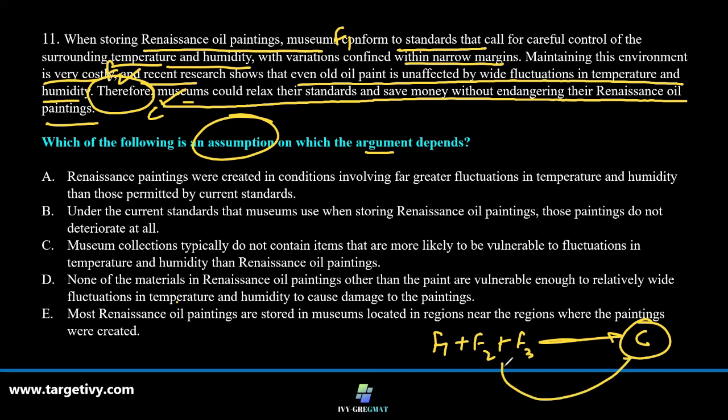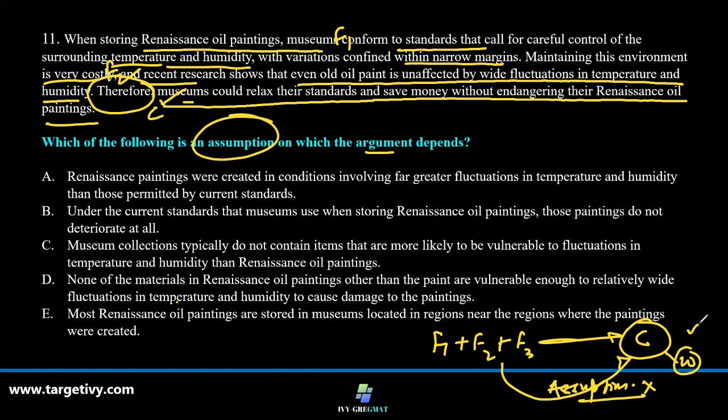So let's search for that assumption. And as we have seen, to check it, we'll negate the assumption so that the conclusion gets weakened, and we can then mark that option.